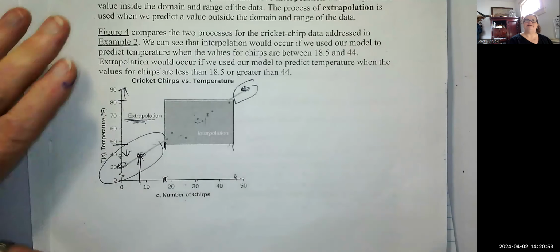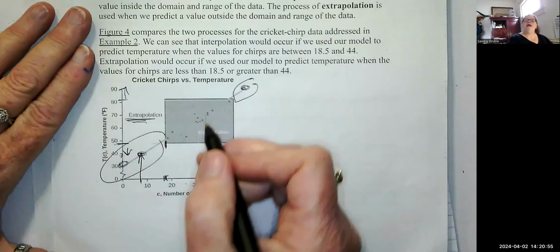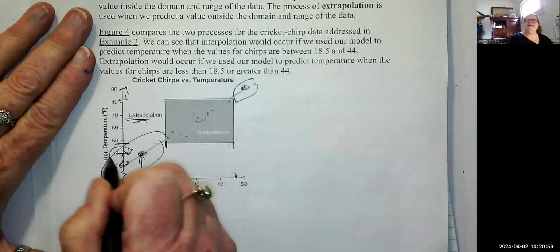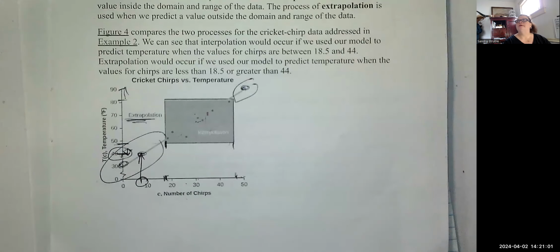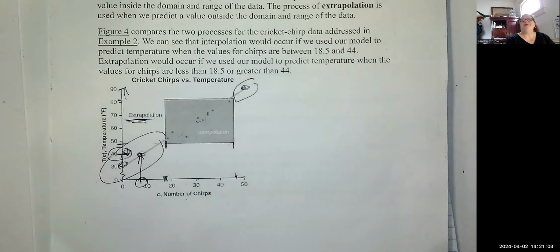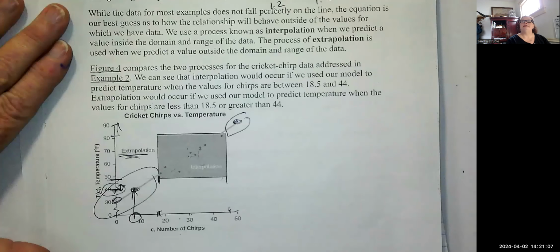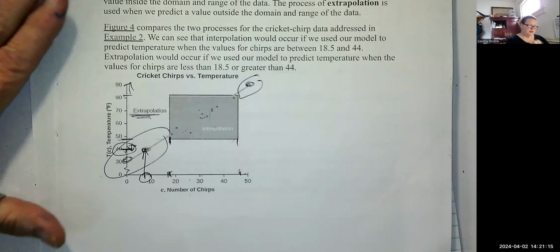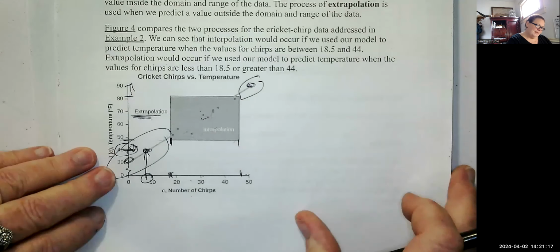We hope that's the case. However, at 40 degrees, we cannot be guaranteed that we're going to have 8 chirps. We don't know. We're guessing. We're extrapolating that information. We're hoping that's the case. I believe, however, that crickets don't start chirping until a little bit warmer temperatures. Okay. All right.